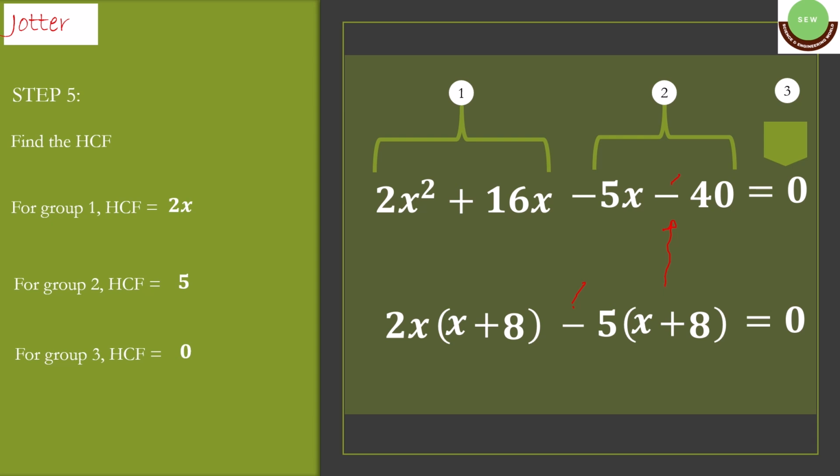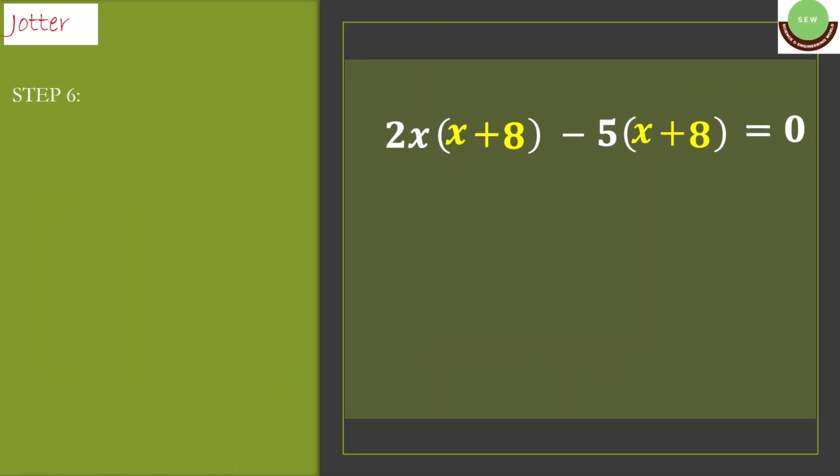Once we get to this part of the process of factorization, once we look at the brackets and they are the same, then we are almost right. In step 6, we want to factorize the common binomial.